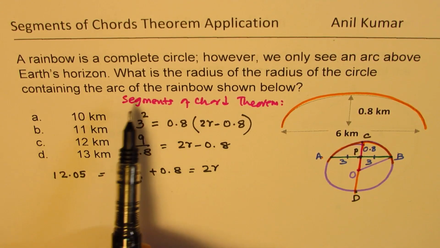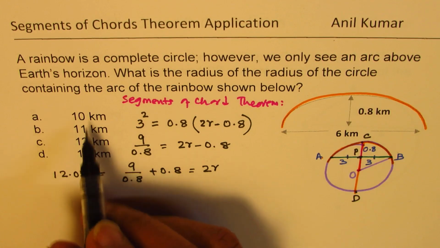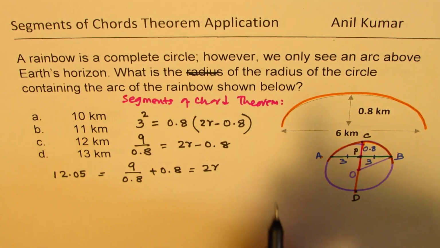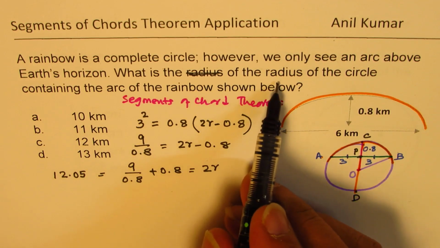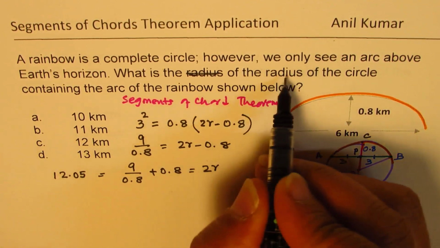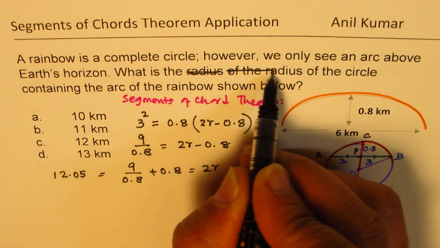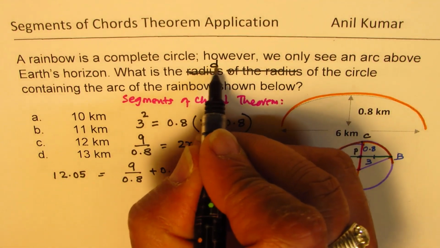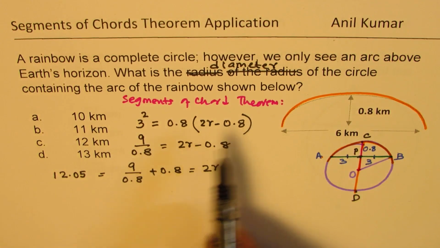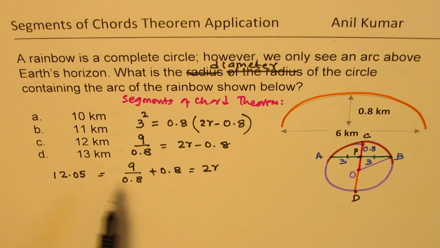Now, what is the radius? I think the answer given here is the diameter. Let me change this. What is the diameter? So I'm just changing the question to diameter.